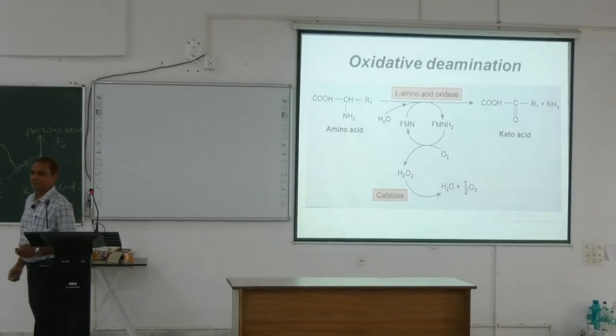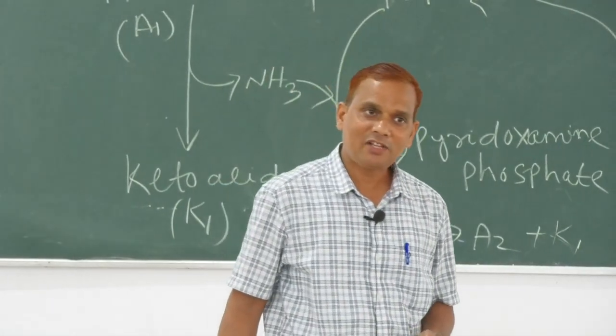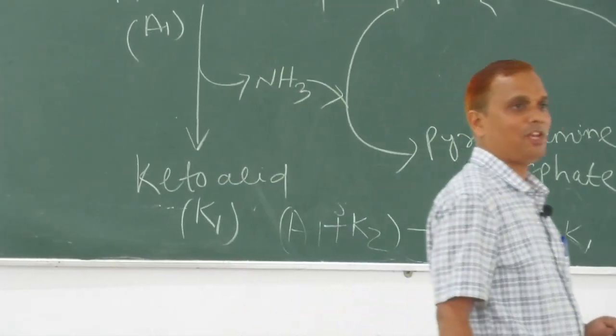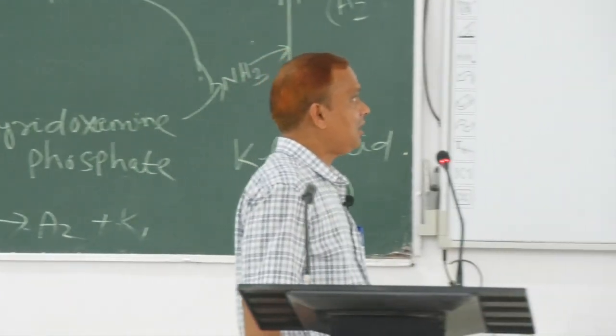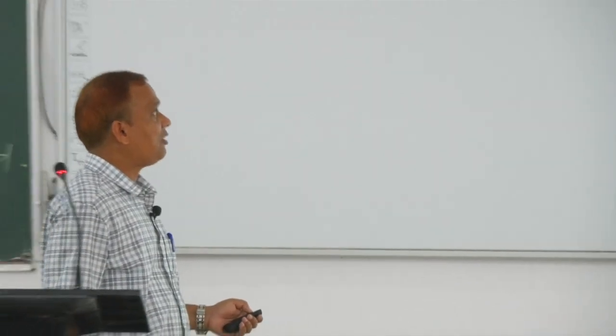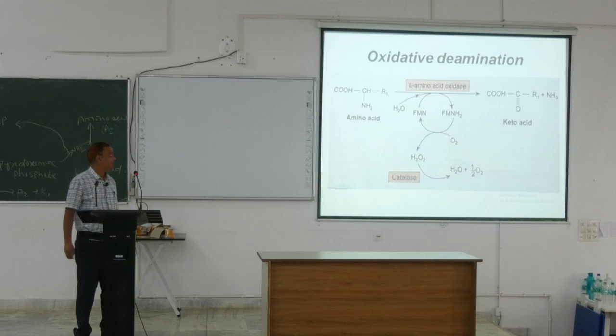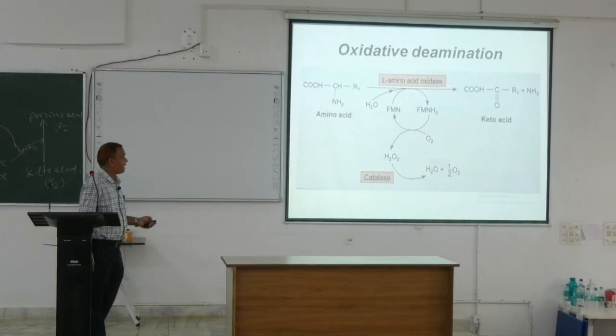Deamination is of two types. One is oxidative deamination, another is non-oxidative deamination. Oxidative deamination is by the enzyme amino acid oxidase. Amino acid oxidase is FMN dependent.